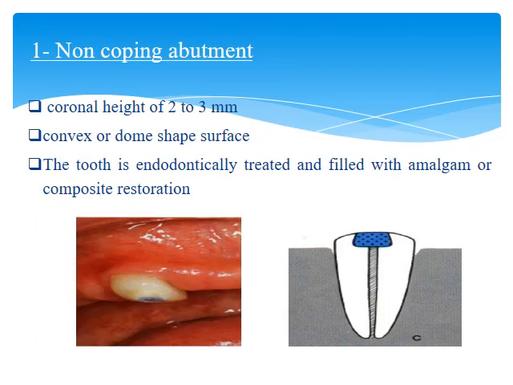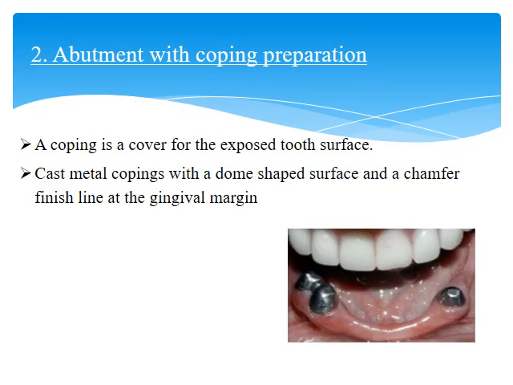The non-coping abutment: here the coronal height is 2 to 3 millimeter and the convex or dome-shaped surface, and the tooth is endodontically treated and filled with amalgam or composite restoration on the top of it.